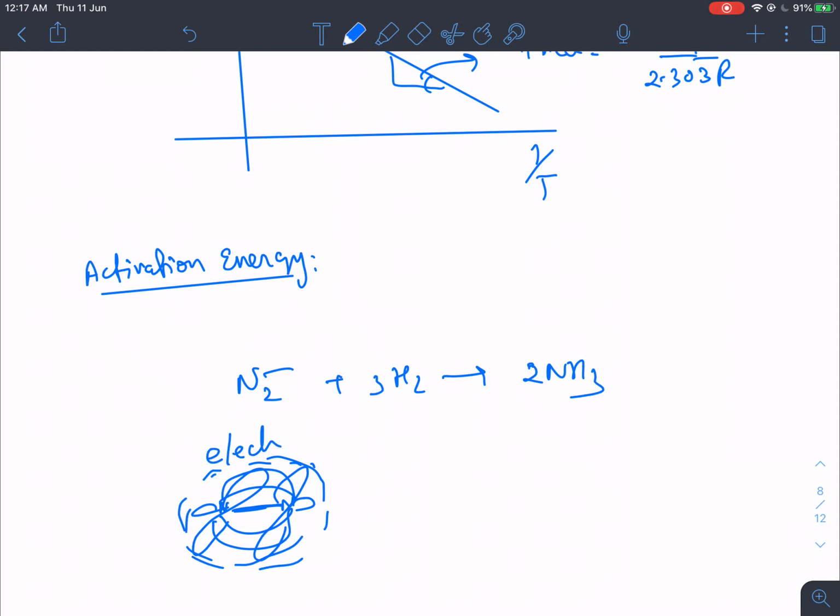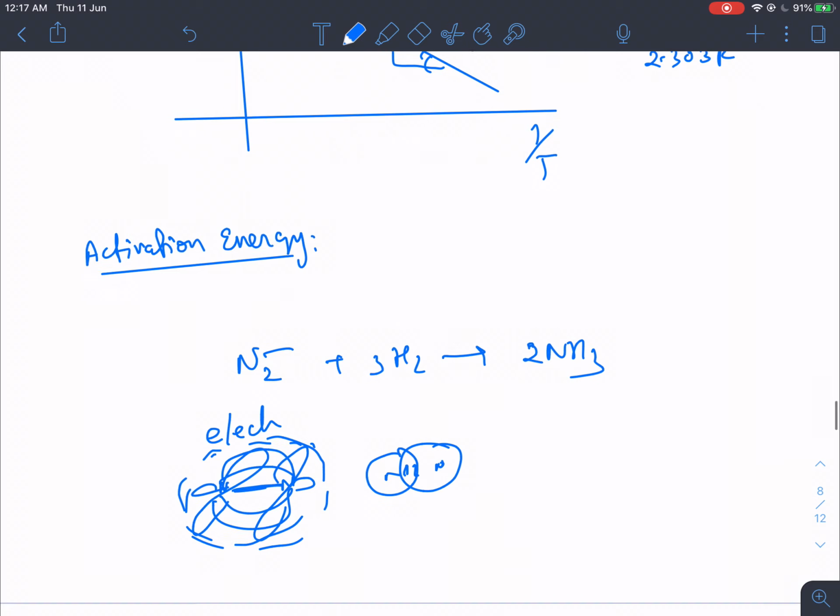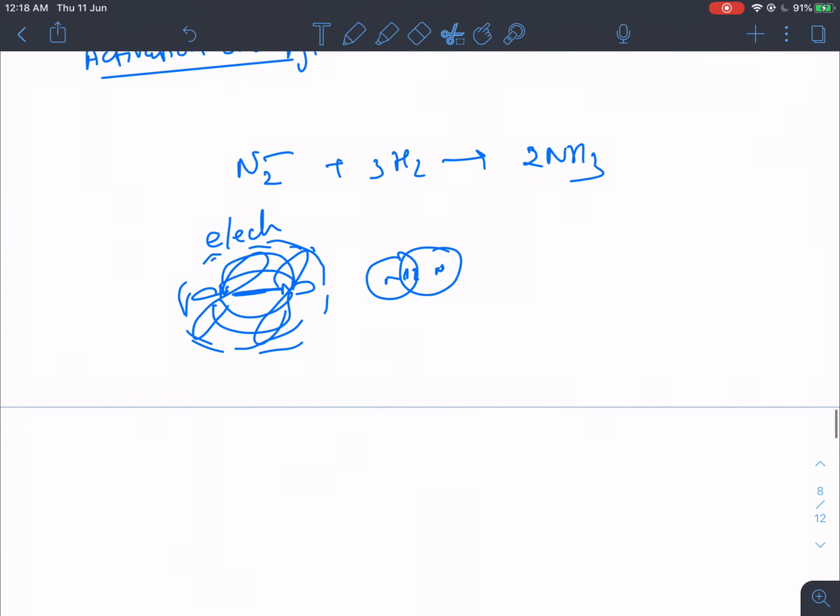Now if we talk about hydrogen, hydrogen also is surrounded by an electron cloud, right? So once they come close to each other, what will happen? First their electrons are going to interact with each other, and obviously at the same time the nucleus is also attracting electrons, but you can see that when they come close to each other, there is a chance of repulsion, guys.